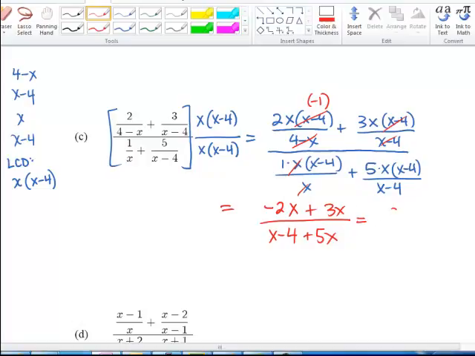Combine like terms, that leaves me with x over 6x minus 4. And again, we could take a 2 out of the denominator, but beyond that, we can't really reduce anything. So either of these two expressions would be just fine.